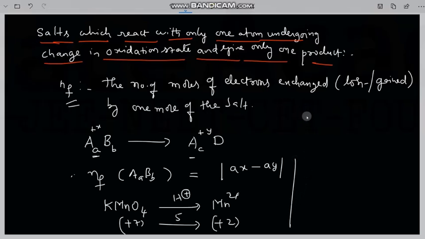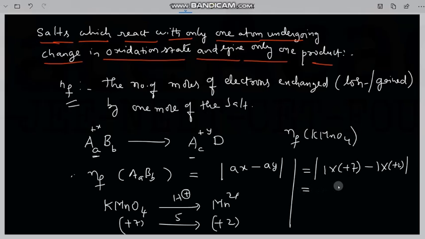How did that 5 come? As per our formula, the n factor of KMnO4 equals the modulus of AX. Here the A value for manganese in the reactant is 1, into its oxidation state +7, minus, in the product side, its number is 1, into its oxidation state +2.